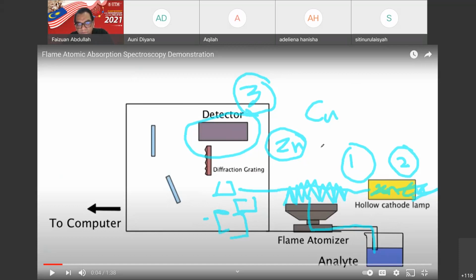No, because there is no zinc in the sample. If there is zinc, then the detector will detect the loss of energy from the hollow cathode lamp because it is absorbed by the zinc in the sample that has been atomized.